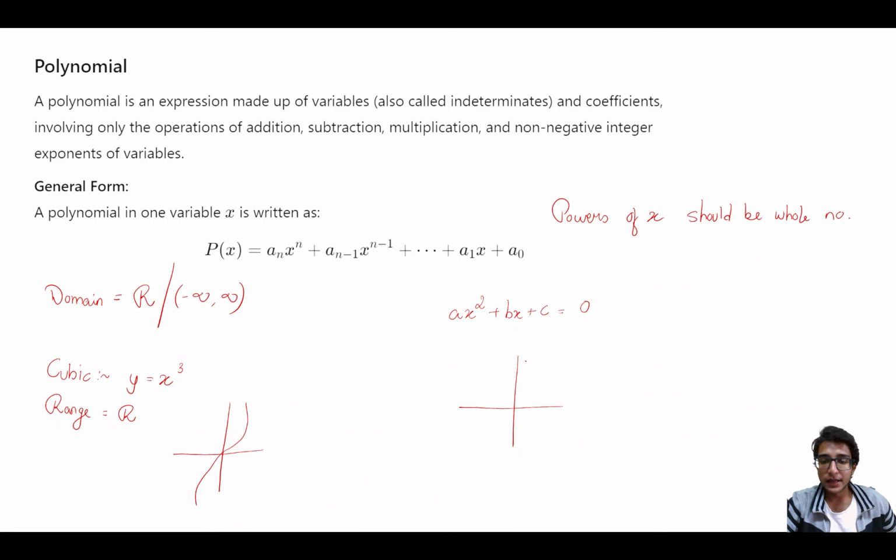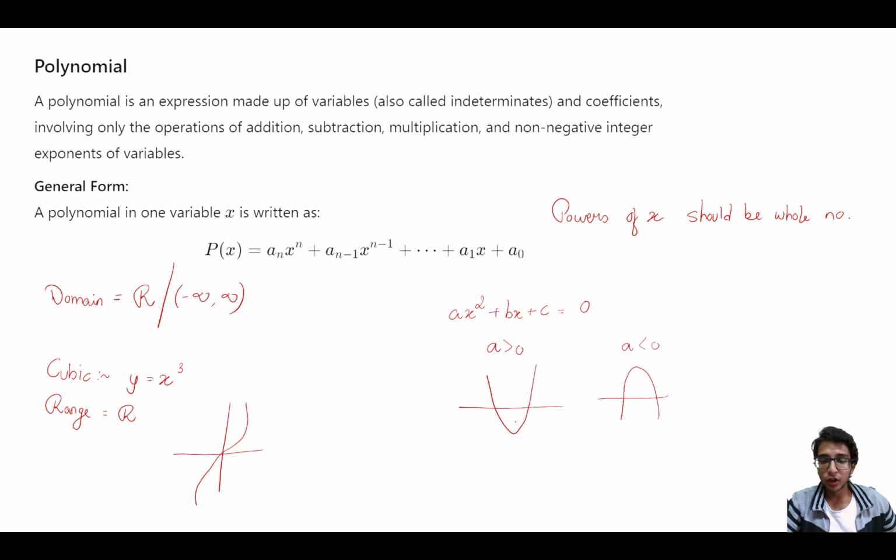It is either an upward parabola or a downward parabola. It is an upward parabola when a is greater than 0 and a downward parabola when a is less than 0. Now again, these things might seem a little vague because you haven't studied quadratic equations till now. When you study quadratic equations, these graphs and equations will become fairly simple for you.